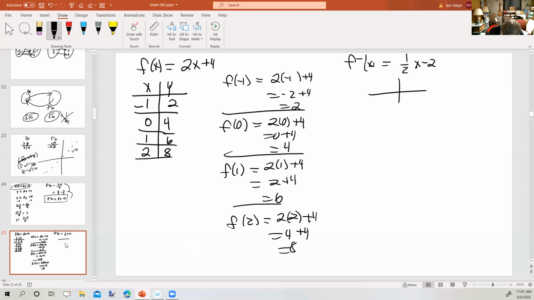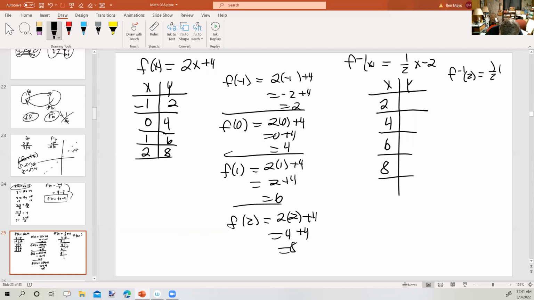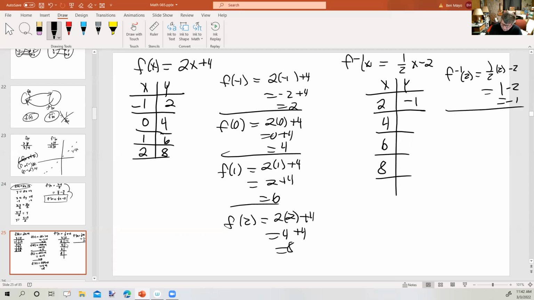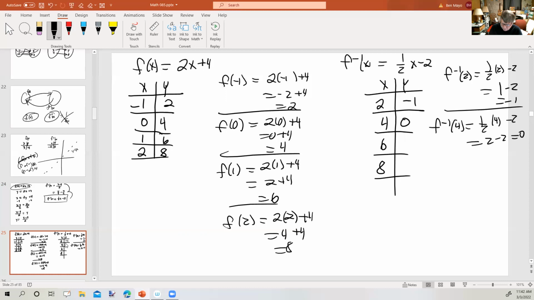All right, let's find some ordered pairs for the inverse function. For my inputs, I'm going to choose 2, 4, 6, and 8. Okay. If x is 2, f inverse of 2 is 1/2 times 2 minus 2, which is 1 minus 2, which is -1. If x is 4, f inverse of 4 is 1/2 times 4 minus 2, which is 2 minus 2, which is 0.